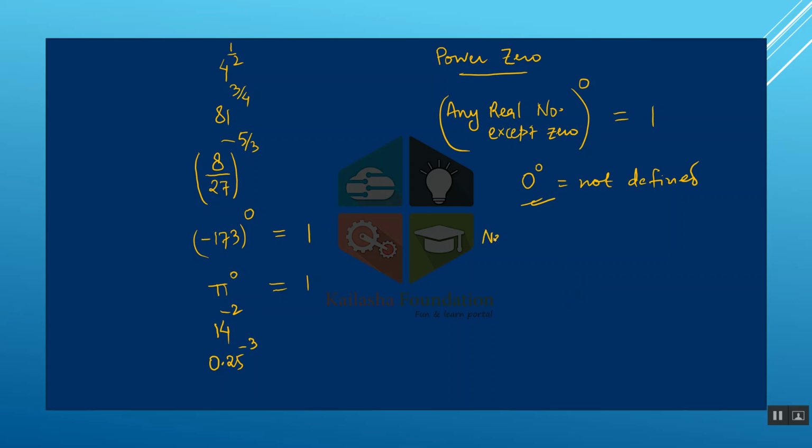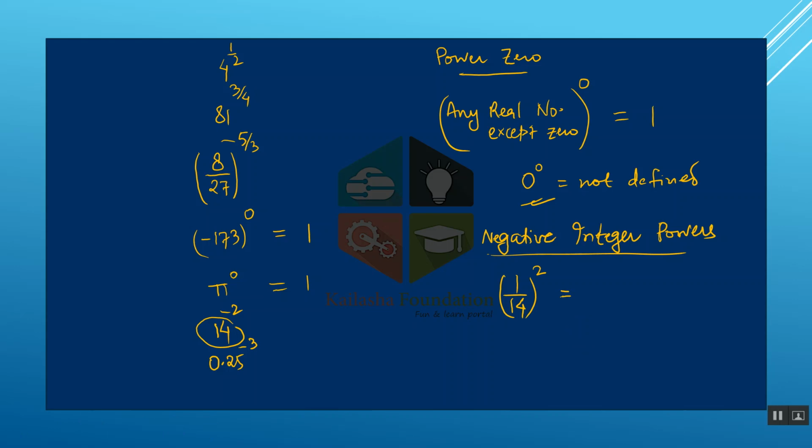Now, negative integer powers. What you have to do, you have to take the reciprocal of the given thing. So it is 1 by 14. Now you kick away the minus sign, so it becomes only power 2.